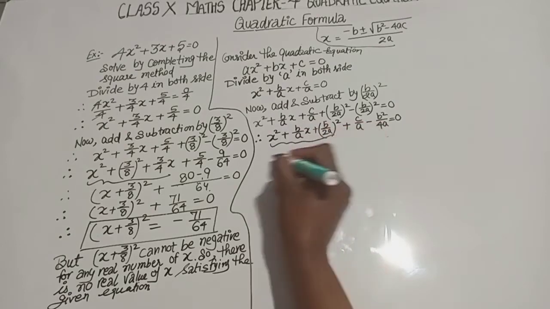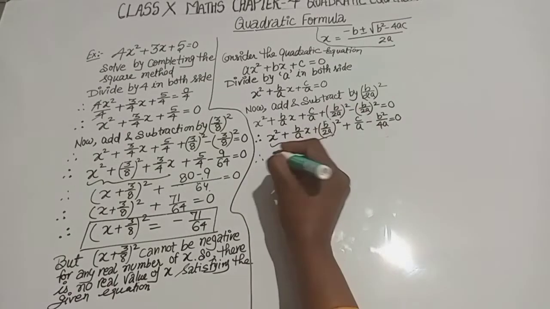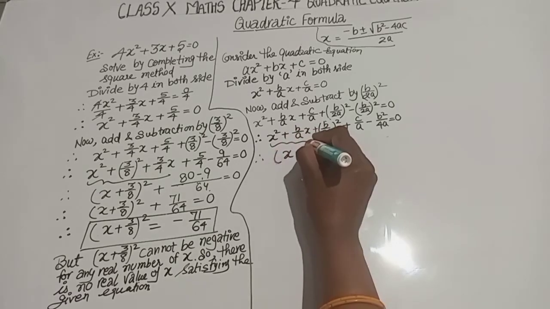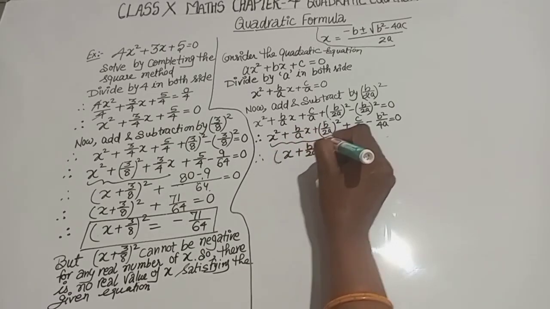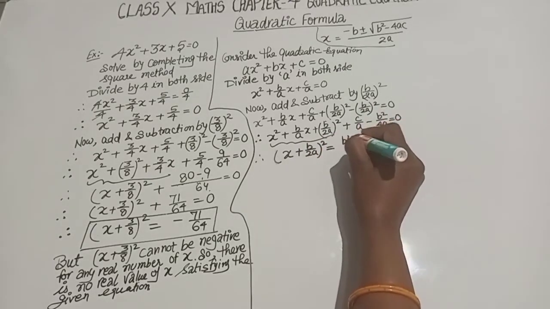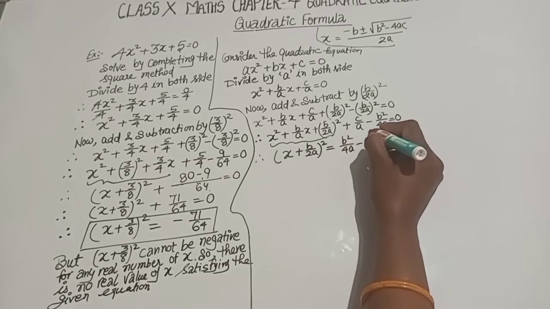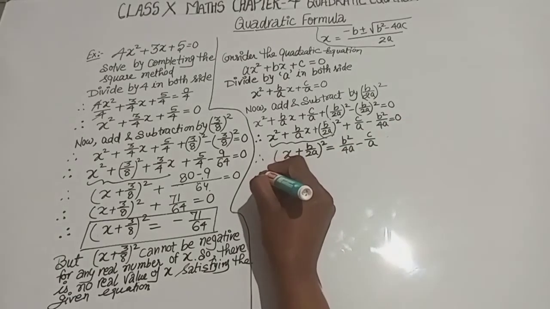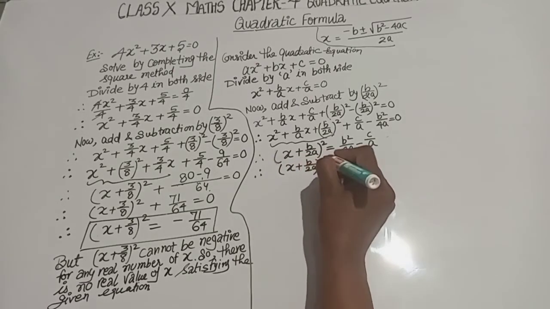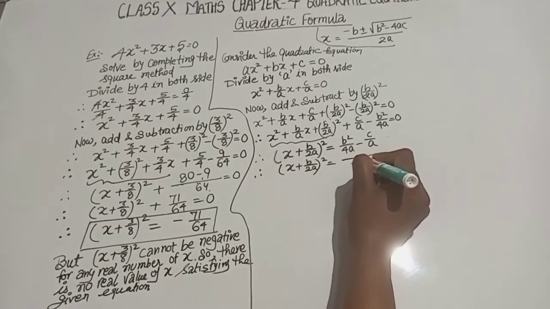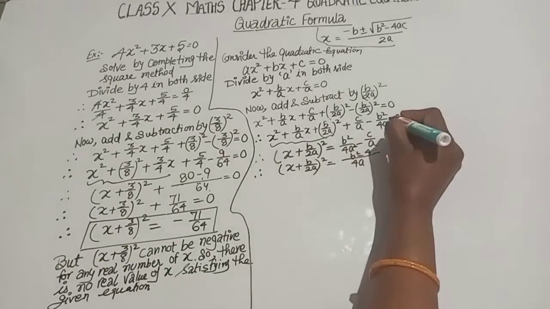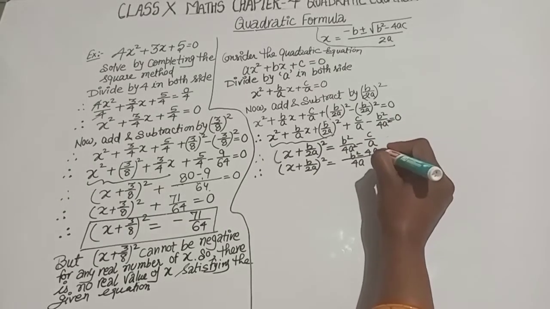So this portion is always x plus b by 2a whole square, is equal to, taking the minus to this side, b square upon 4a square minus c upon a. So x plus b by 2a whole square is equal to b square minus 4ac upon 4a square.